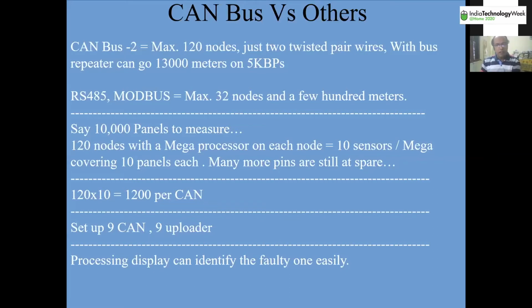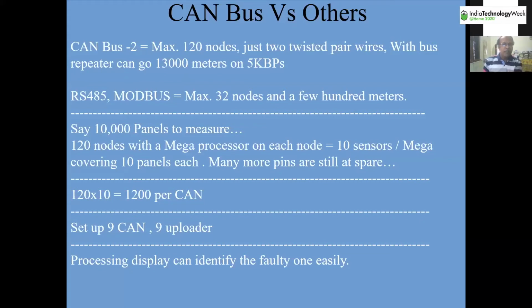There are a lot of current sensors and voltage sensors available in the market. Per node, you can cover 10 panels. And if you put 120, you can measure 1,200 panels per CAN deployment.